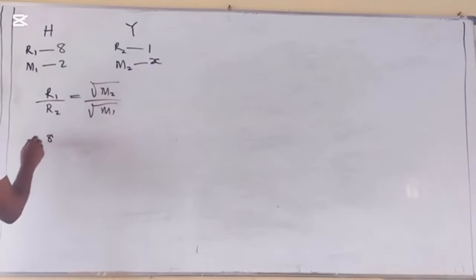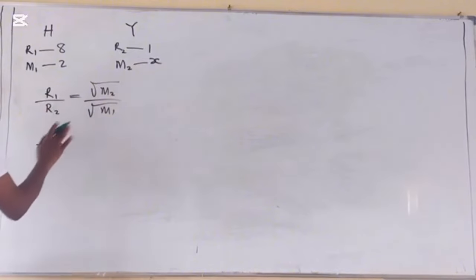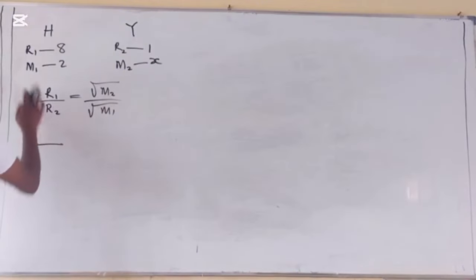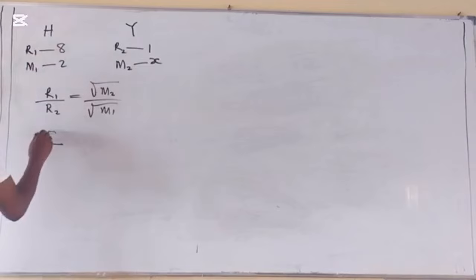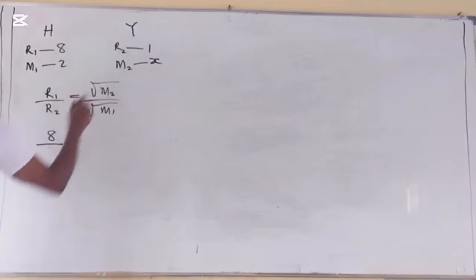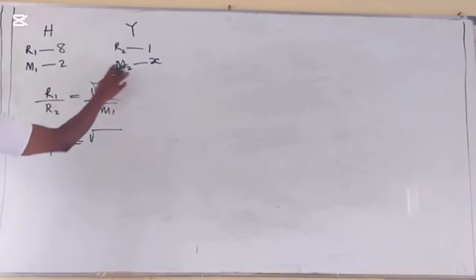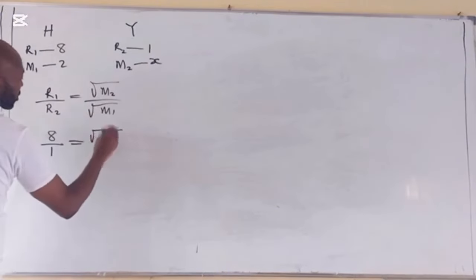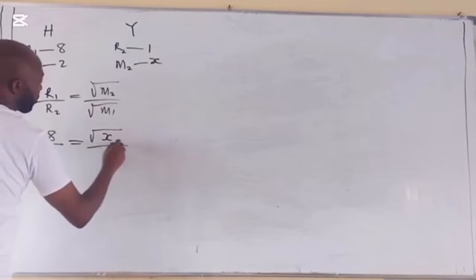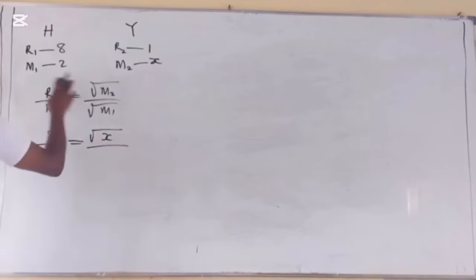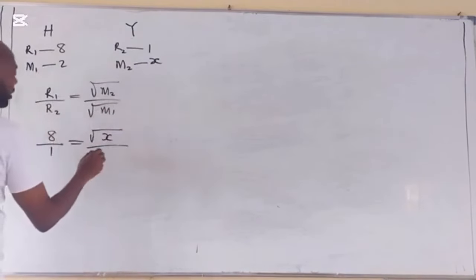R1 is 8. R2 is 1. And this is equal to the root of M2, which is unknown. Let's call it X, over M1. M1 here is 2.